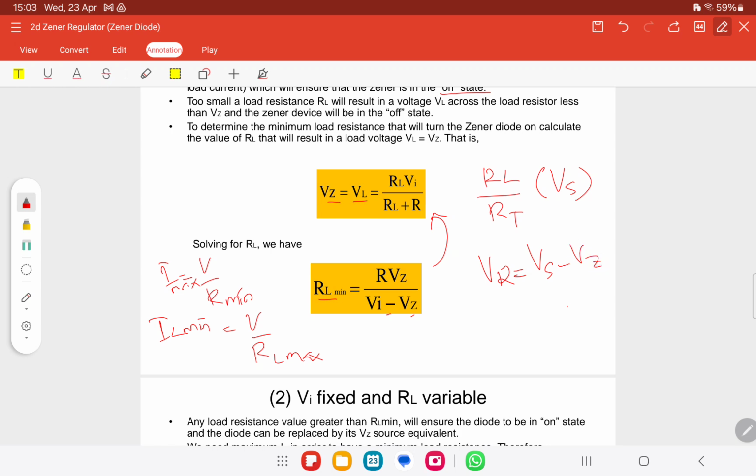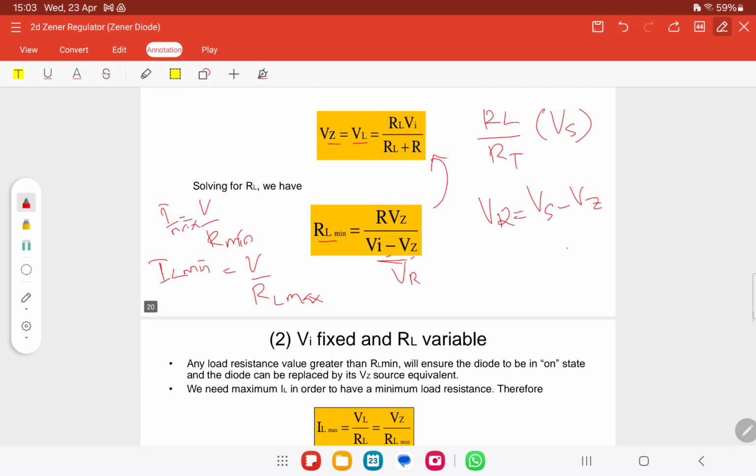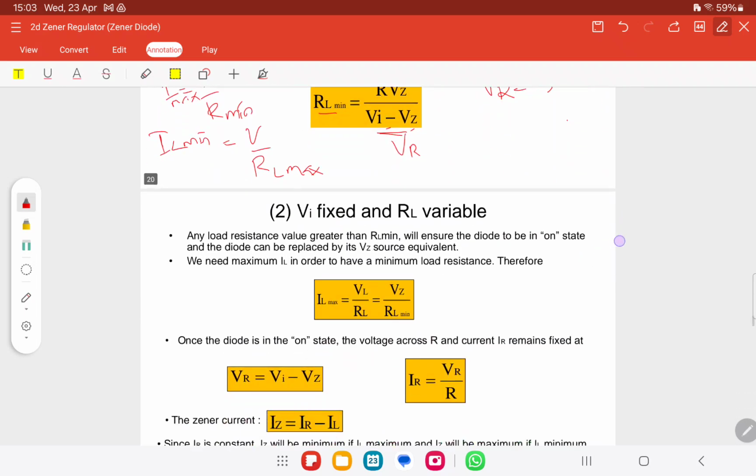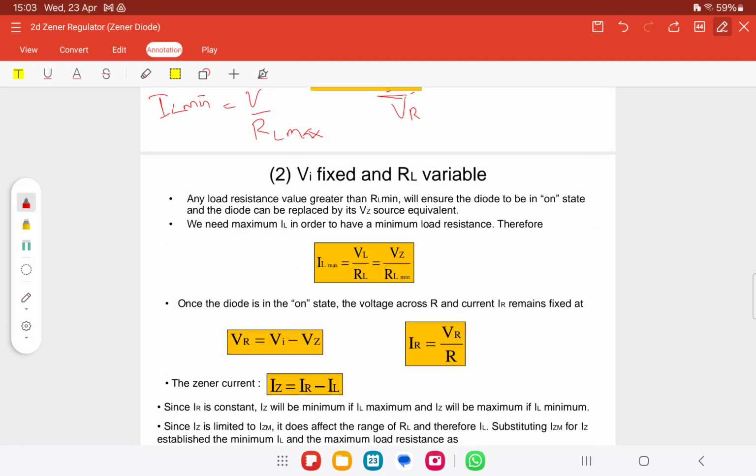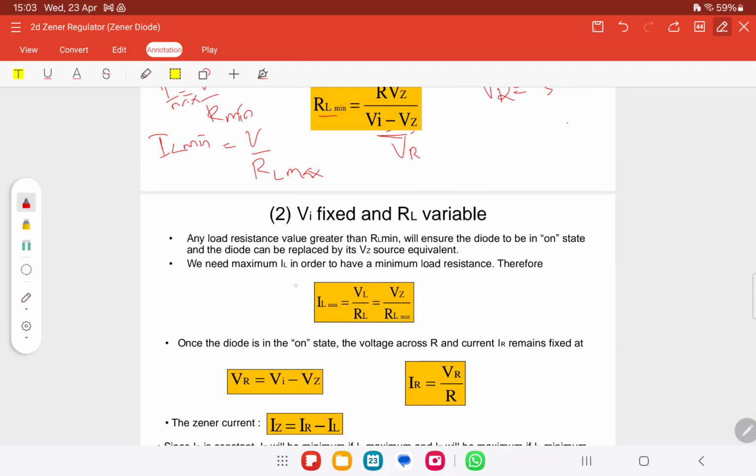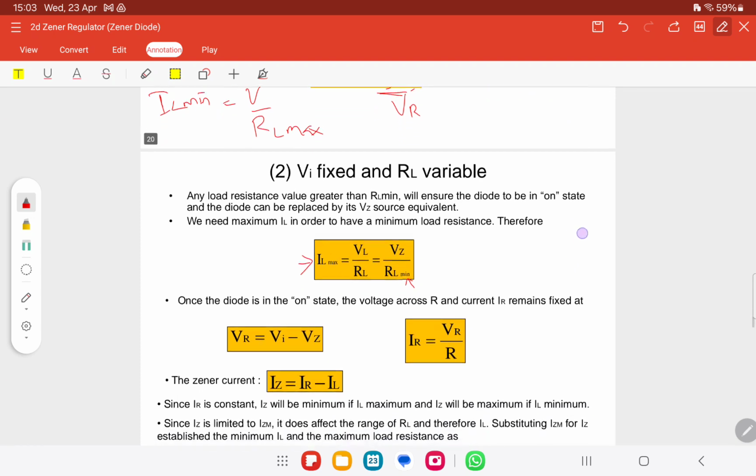Okay, so it is VR here. So this one is what I mentioned earlier on the IL max. So we use the value of RL min here.